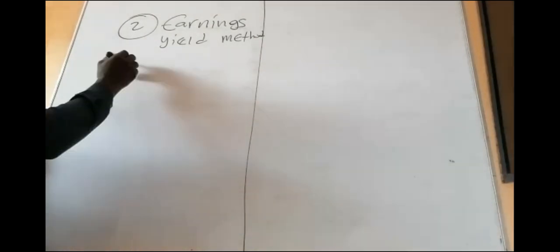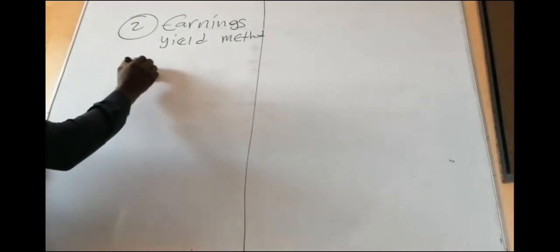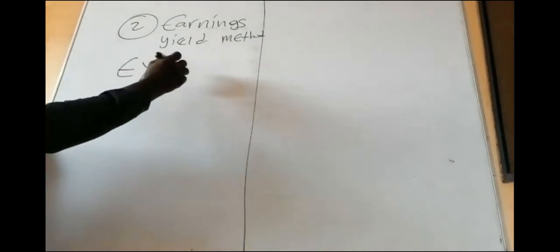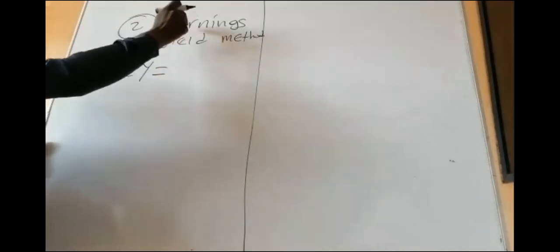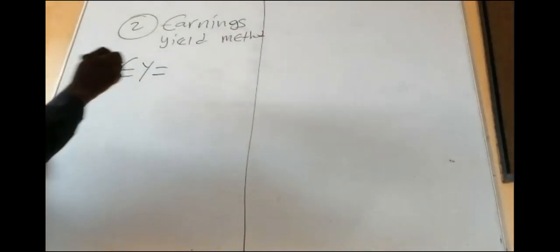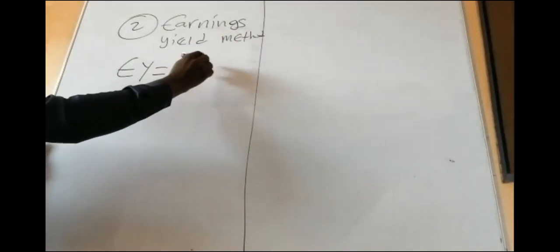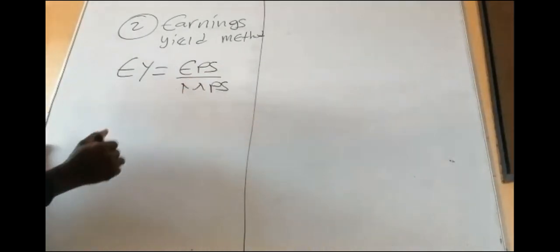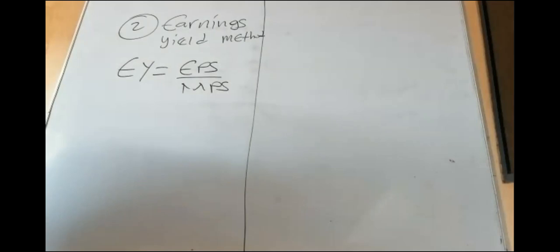So earnings yield, EY for short, is equal to the earnings per share over the market price per share, basically times 100.